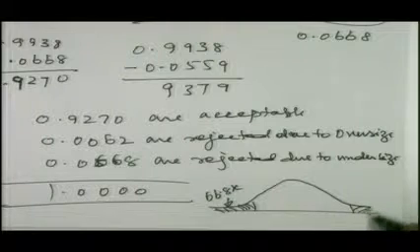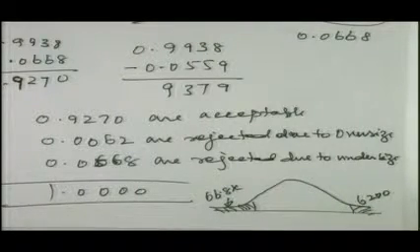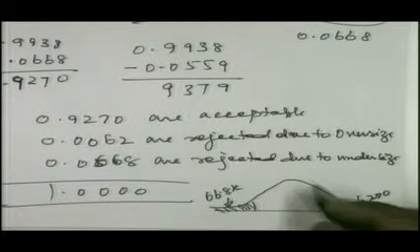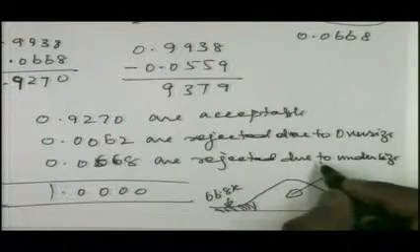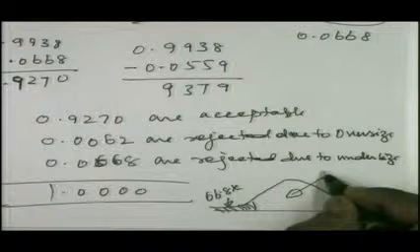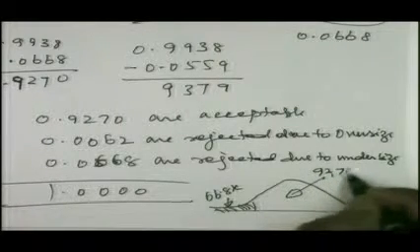This rejection is 6,200 parts I am rejecting due to oversize, and I am accepting the good number of parts out of a million.